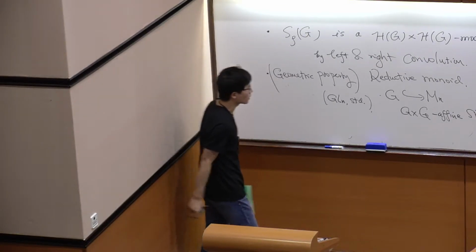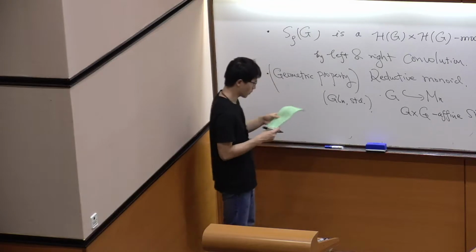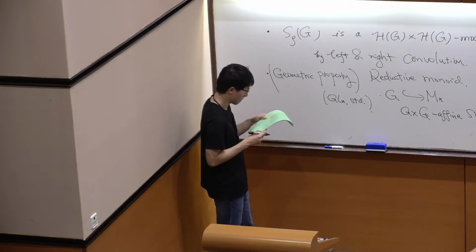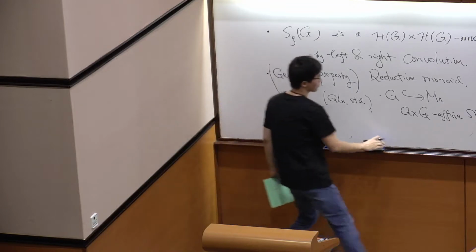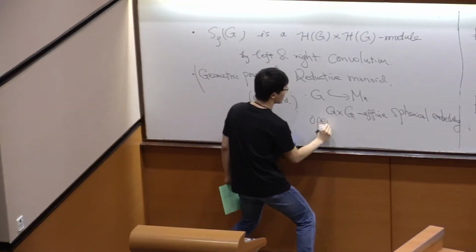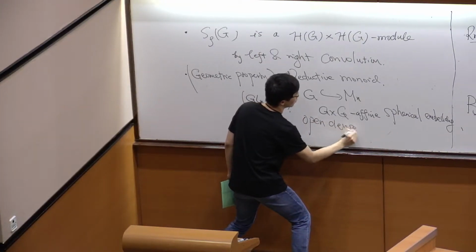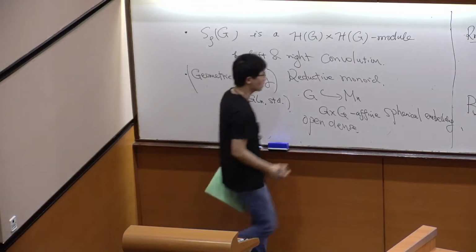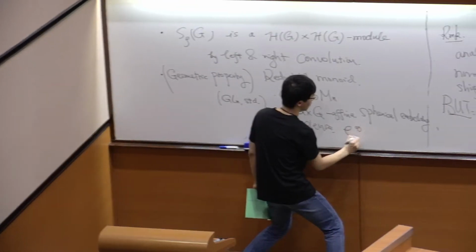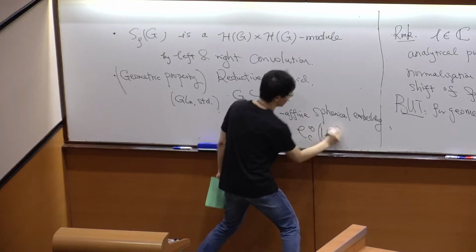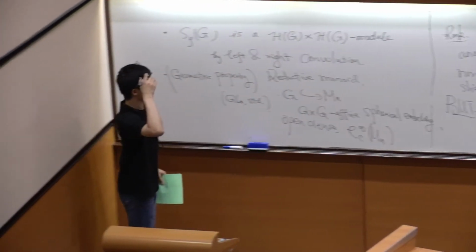And we noticed that the image is open dense, and we use some nice functions on Mn to be our space of test functions.